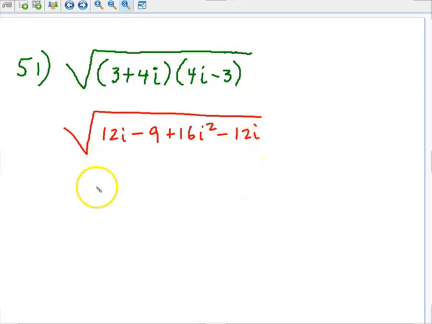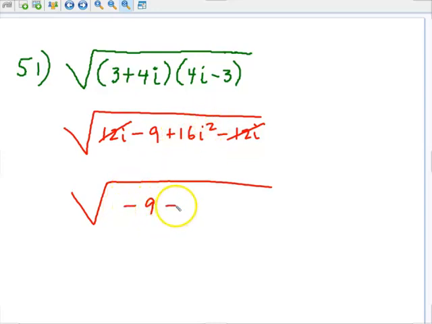All right, let's see what we can do to simplify under the radical. Well, the 12i minus 12i is going to cancel, and i squared is negative 1. So with i squared being negative 1, this is going to become negative 9 minus 16 times negative 1. So this becomes the square root of negative 25.